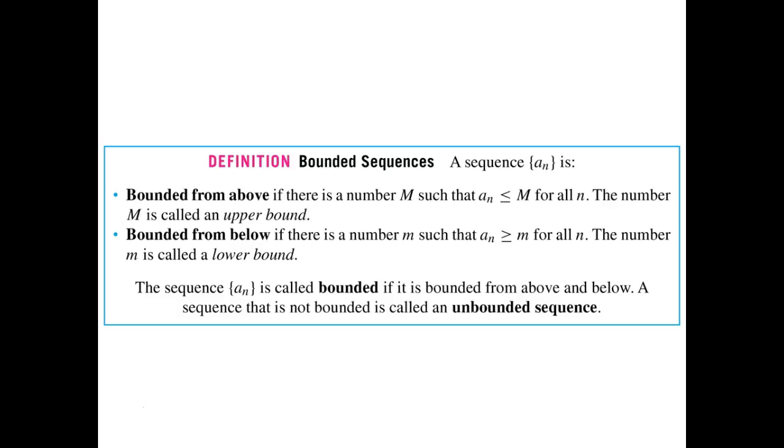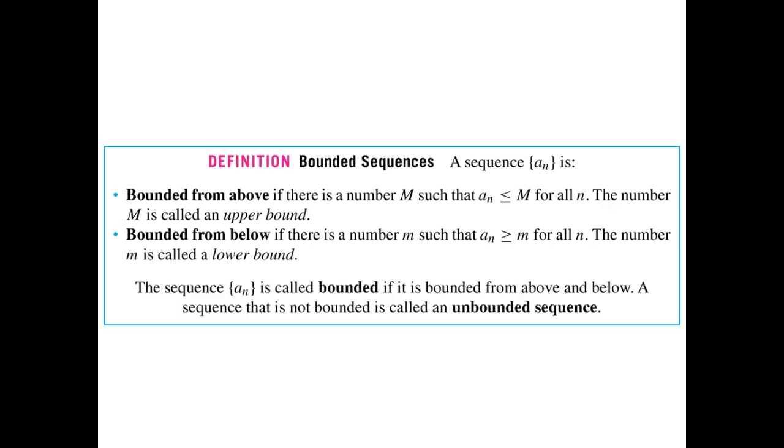Now, they're bounded from below if there is some number little m, big M for above, little m from below, such that your sequence a sub n, that nth term there, is always greater than or equal to m for all n's. So if this was your thing here, and they're going all over the place, pick some m down here that they're always greater than or equal to. Then that's called a lower bound.